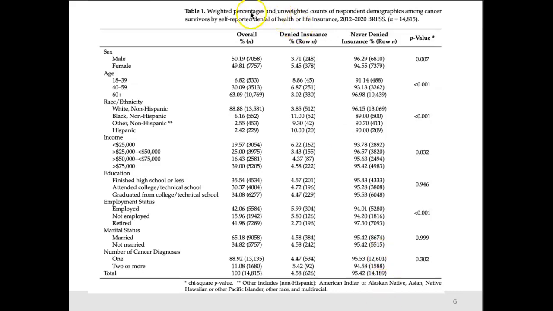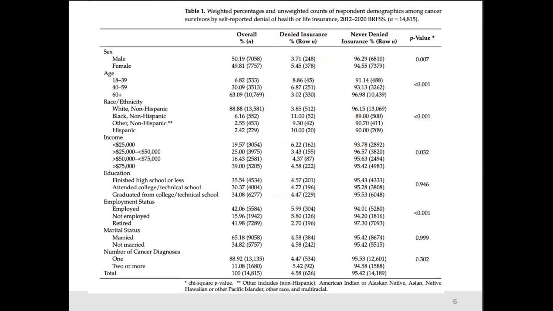So we've got them listed overall, and then I have them broken down by the outcome variable. In this particular example, we were looking at racial and ethnic disparities in health and life insurance denial among cancer survivors. So my outcome in this particular study was whether or not someone had been denied health or life insurance. So I've got my overall column here. This is everyone that is a participant in my study. And then I also have this broken down by the outcome variable.